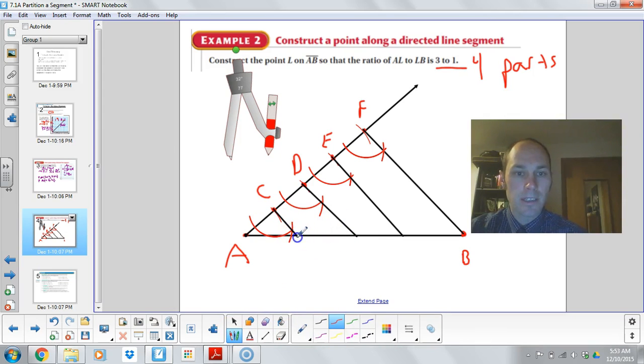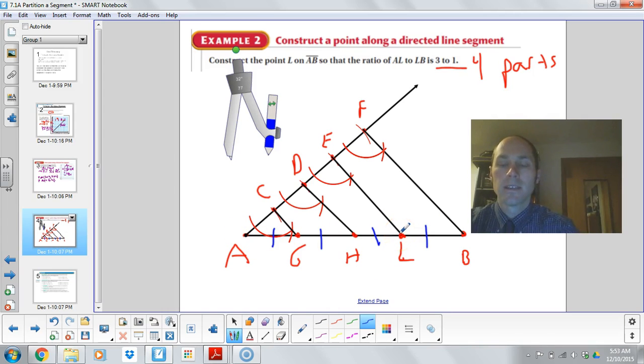And then these parts, we call this G, we could call this H, and we want point L on here that's a 3-to-1 ratio, so we'll call this L. I know it's out of alphabetical order, but that's okay. So L, we'll make this 3 parts because we have 4 equal parts now. 1, 2, 3, 4. And point L is 3 equal parts from A, and LB is 1 equal part.